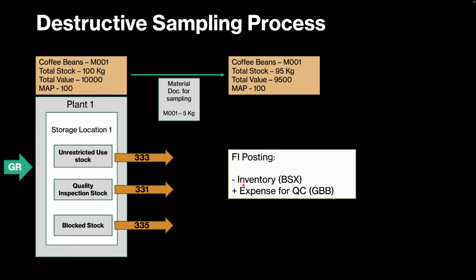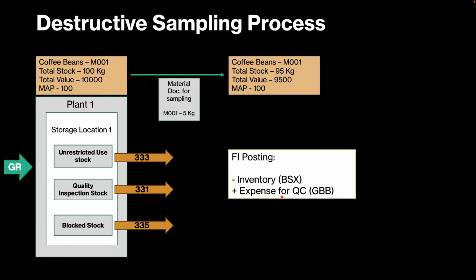This inventory is the inventory of the sample, that is 5 kgs, which is shown here. The transaction keys will be BSX for the inventory posting and GBB for the offsetting posting, that is the expense posting that happens for the sampling method. So this is a simple goods issue process where you post any of these three movement types and the material gets issued for the sampling process.